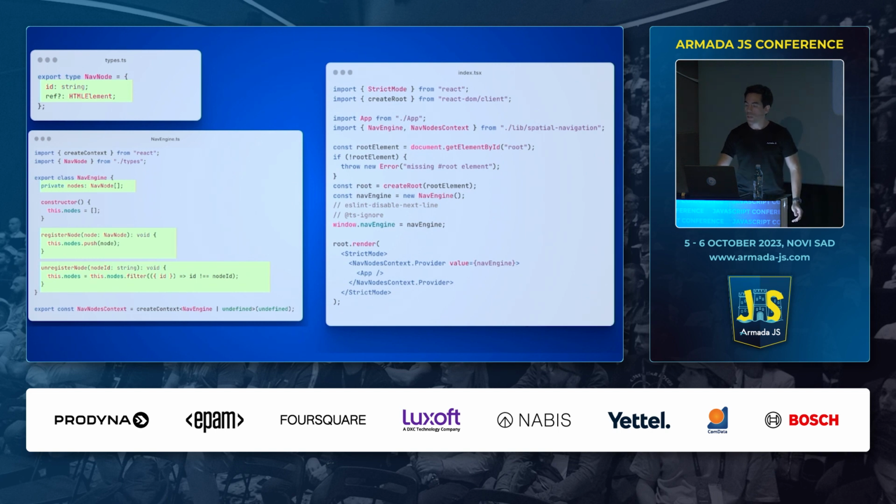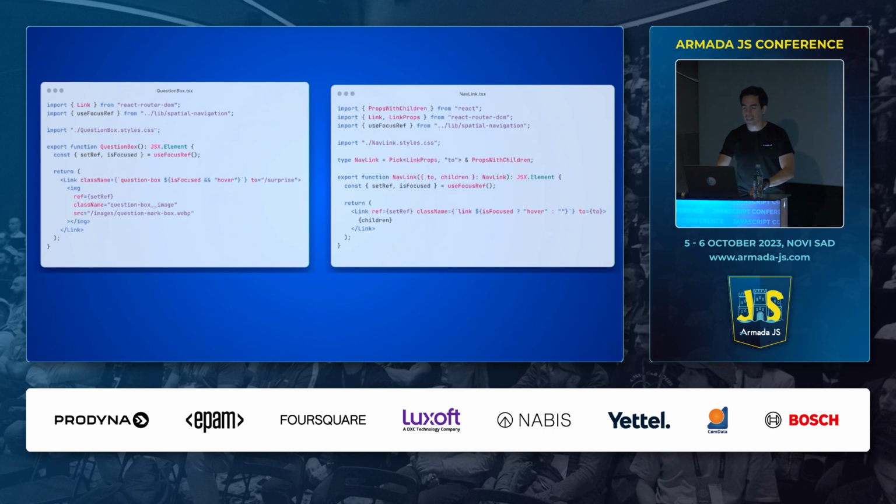Then we go to our script file, where we create an instance of this navigation engine. For the purpose of this demonstration, we add it to the global scope. We don't do it in production, obviously. And then we make it available through our whole app, creating a React context.